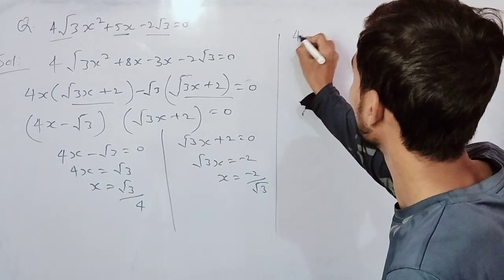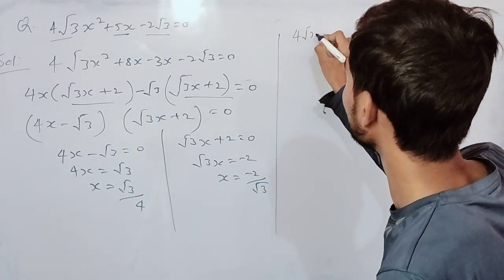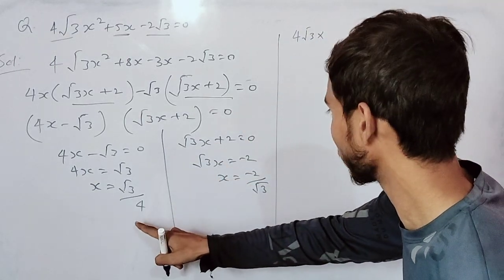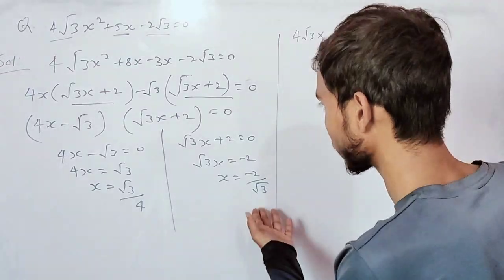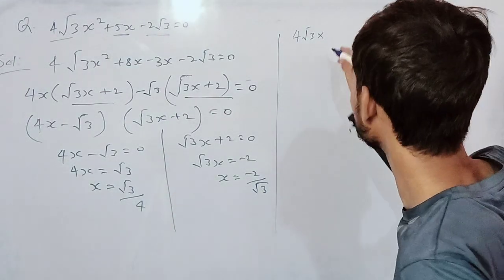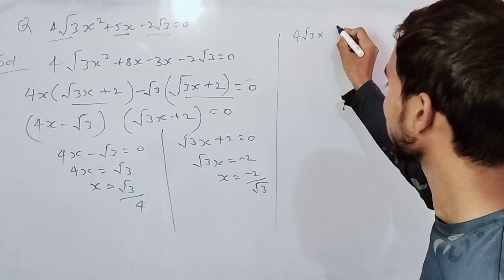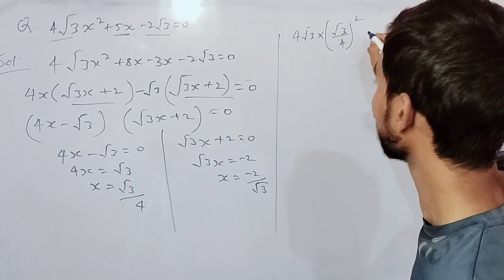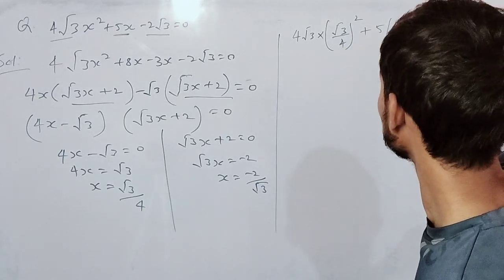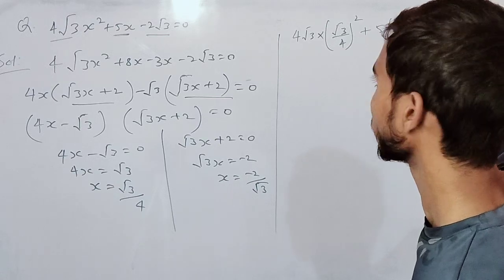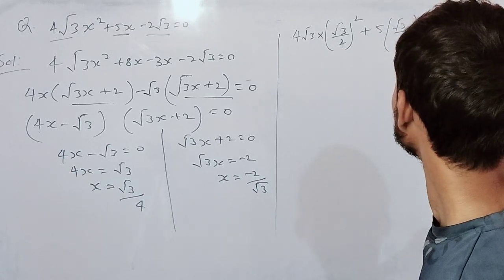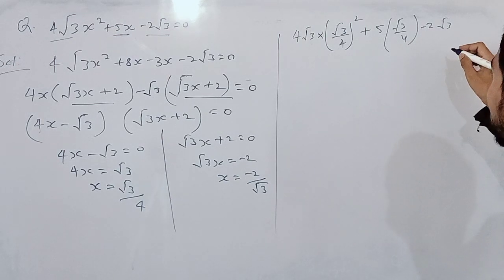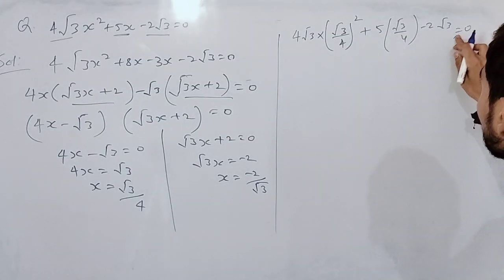Here 4 root 3, now multiply x. Let's take this. Here root 3 upon 4 in a square, plus 5 again root 3 upon 4, now minus 2 root 3 is equal to 0.